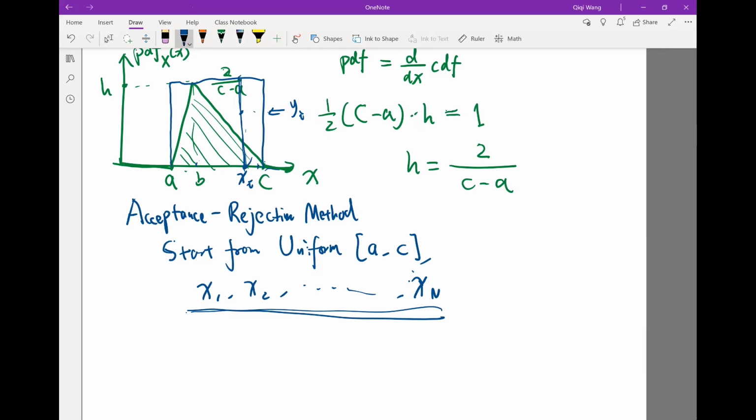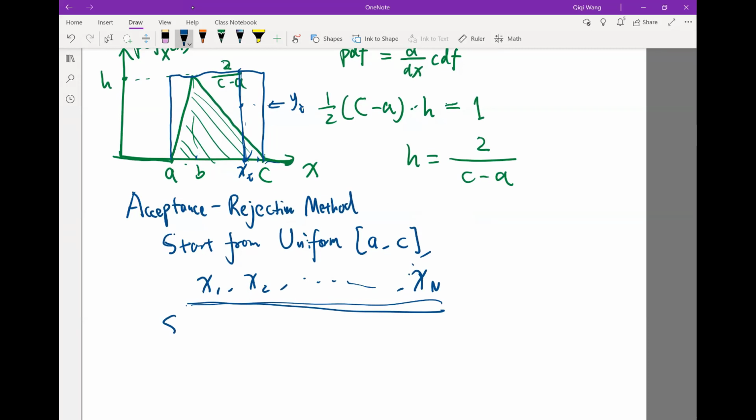I'm also going to sample y1, y2, etc. to yn according to another uniform distribution from 0 to h, because h is the highest PDF we have over here.